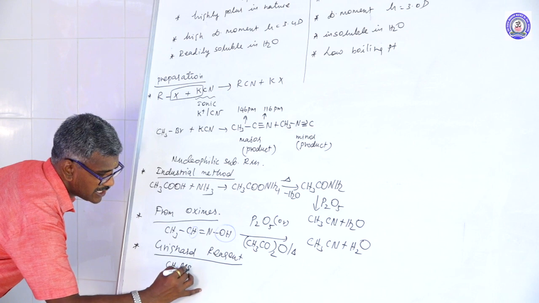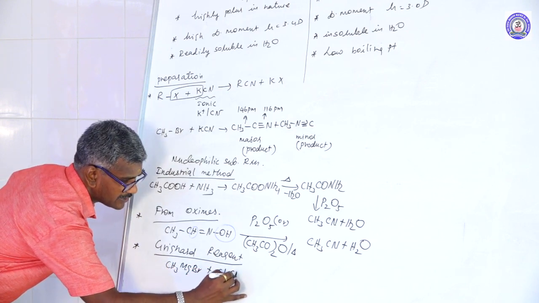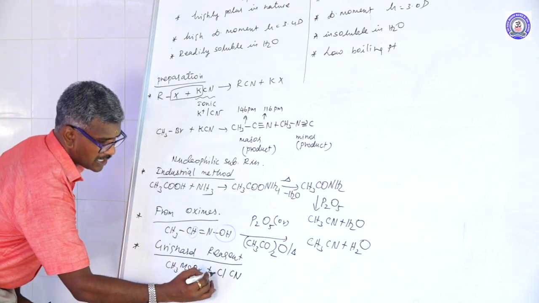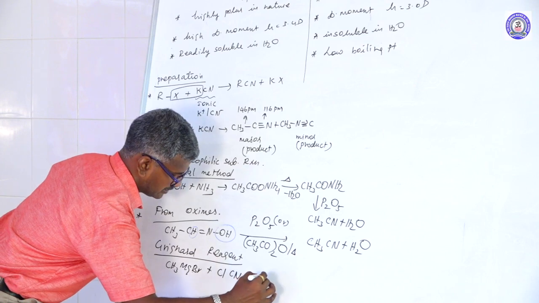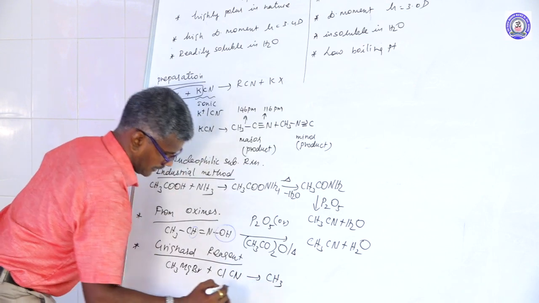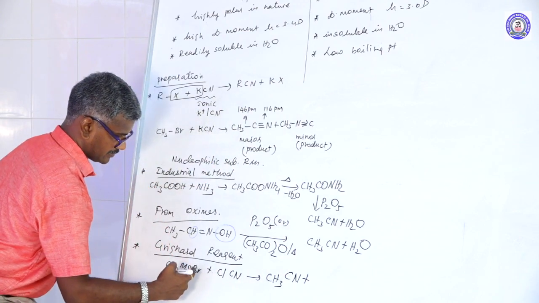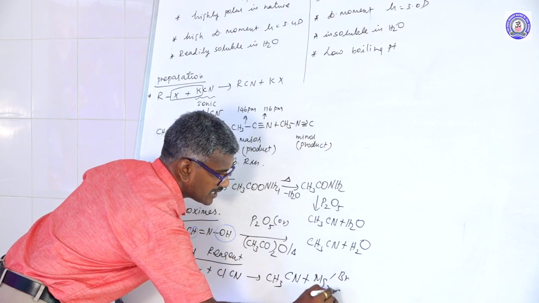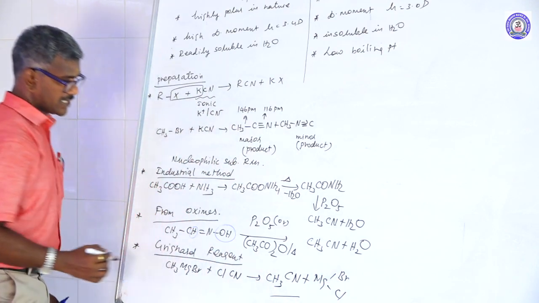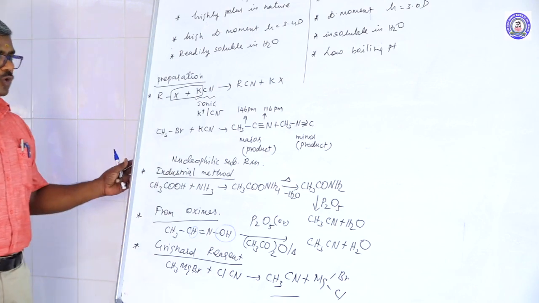CH3MgBr reacts with CN, with removal of this compound, to form CH3CN plus MgBr. This is another preparation of methyl cyanide. That is 1, 2, 3, 4, so this is the fourth method.